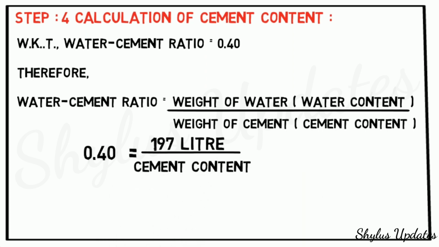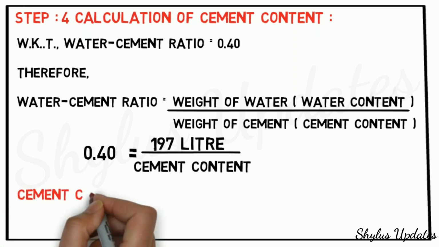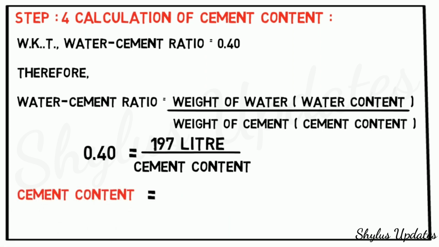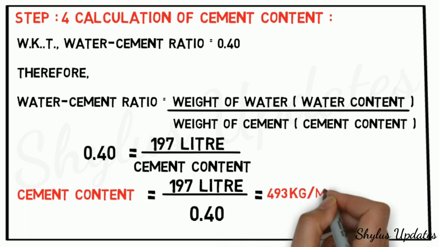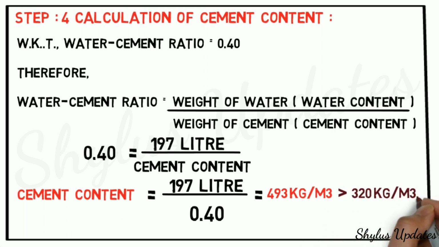Therefore, cement content is equal to 197 liter upon 0.40. The answer is 493 kilogram per meter cube, which is greater than 320 kilogram per meter cube.